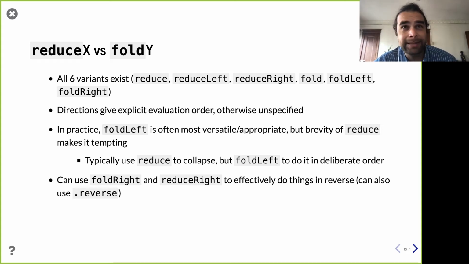And so how do I tend to use these? I tend to use reduce when I don't really care about the order, just when I want to combine things. And then fold left, actually, it's not so much about combining. It's more about basically doing things in deliberate order. Because if you think about it, in a way, fold left is like you're just looping over your collection, right?